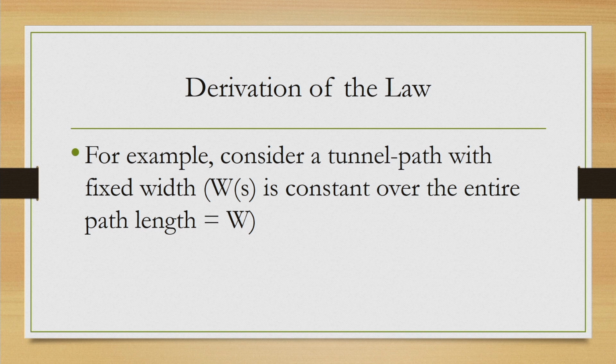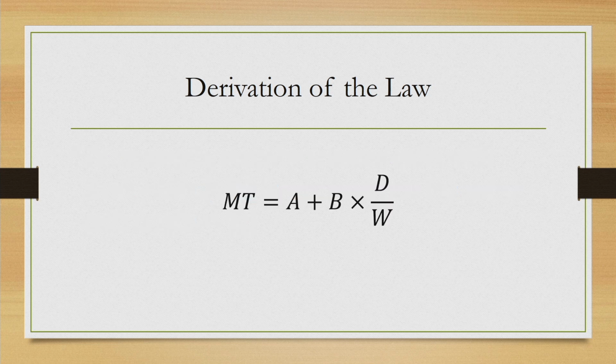So, each segment has a width and these widths are the same for all the segments. In that case we have a constant tunnel width W. So, we can replace Ws with W and we may get a much simplified form which is given in this way: MT is A plus B into d by W.